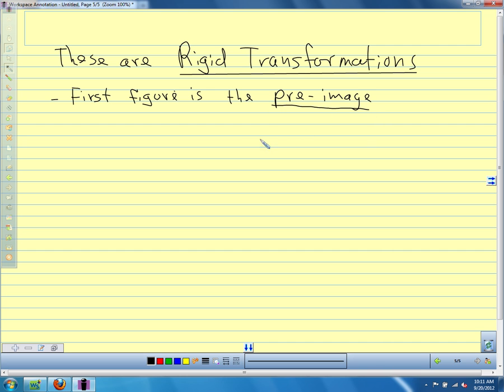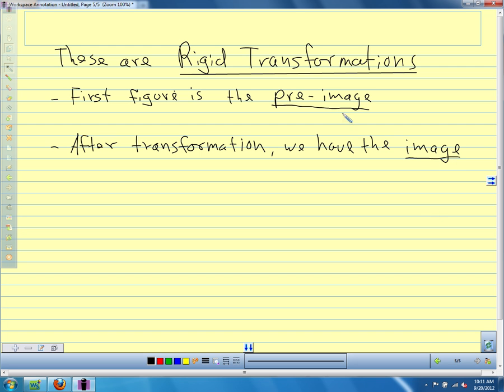And after the transformation, we call it the image. So in your homework, it'll talk about the pre-image and the image.